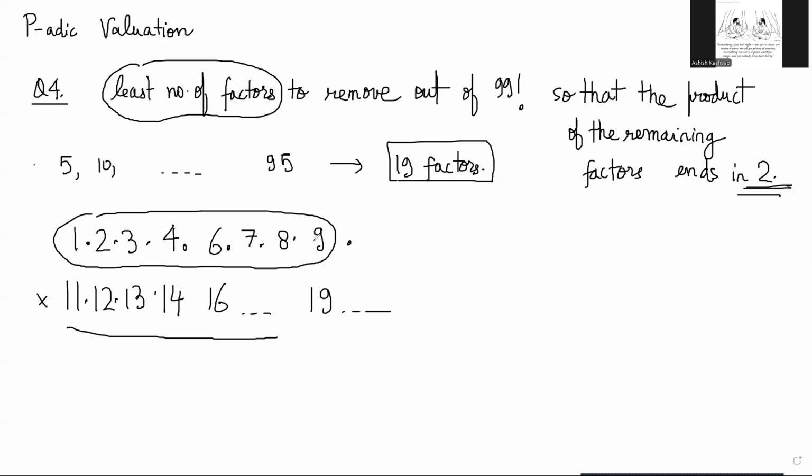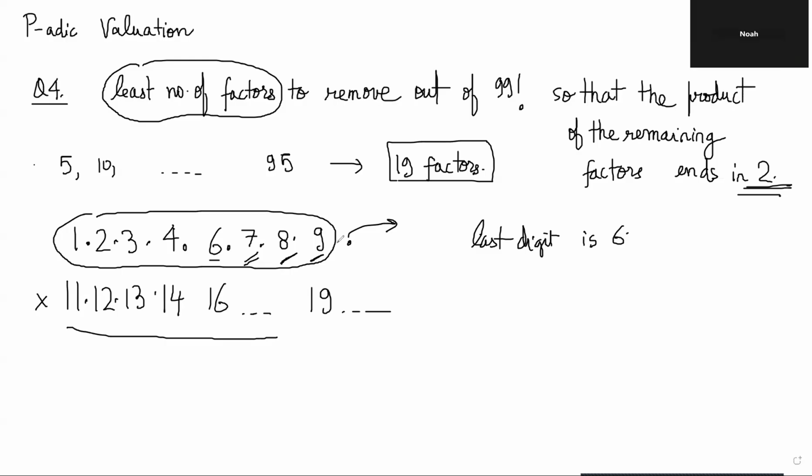All of it is multiplied. The last digit that comes here is 6 into 4, 24, 6, 144, 7, it will be 8 here, then 4, and then 6. Last digit is 6 when you multiply these, right? And last digit is 6 when you multiply these also.